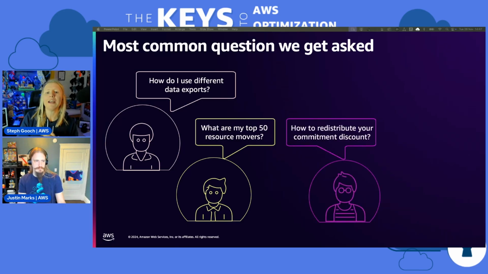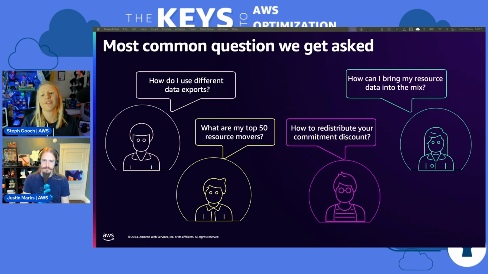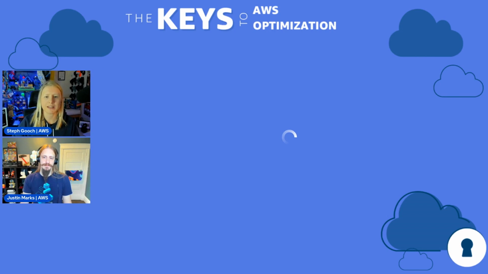I'm going to take over, and we're going to be looking at redistributing your savings plan savings in a report. And then finally, we're going to connect some other data sets and start to look at some optimization. We pulled these ideas from common challenges we see customers face, so we hope that you can utilize them in your organization. But with that, over to you, Justin, to start some demoing.